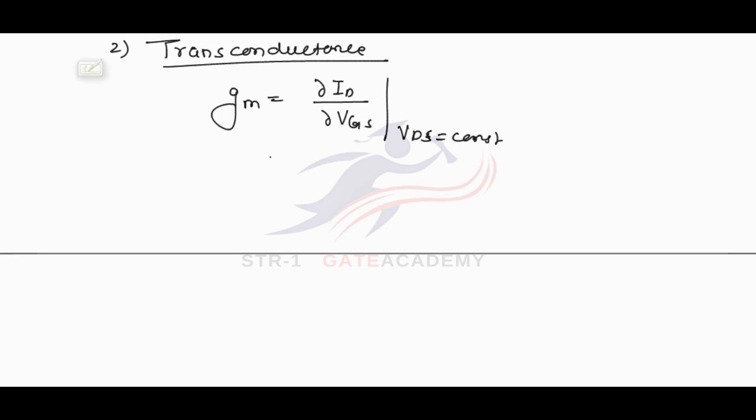We know the equation for drain current ID. It is IDSS into (1 minus VGS upon VP) whole square.